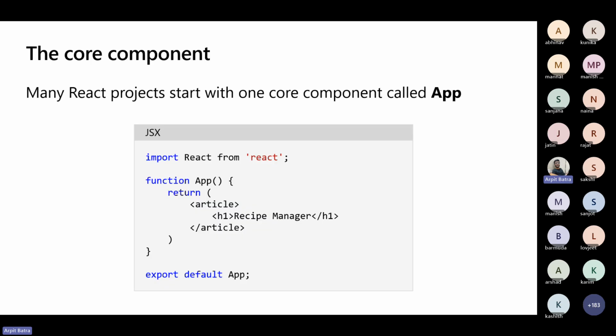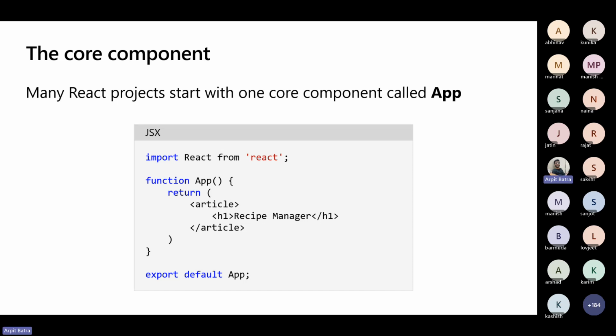Now we go for hooks. So we have useState, useEffect, useContext, useReducer, and the last one is useRef. The useState manages state in functional components.